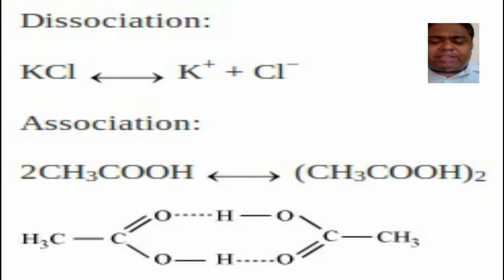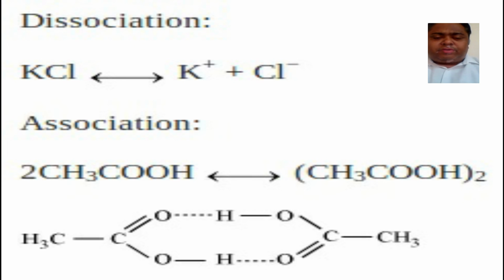So the acetic acid's molecular mass, if we calculate by finding out any of its colligative properties, will be twice the actual molecular mass. To rectify this, we add one correction factor. This correction factor is called the Van 't Hoff factor.